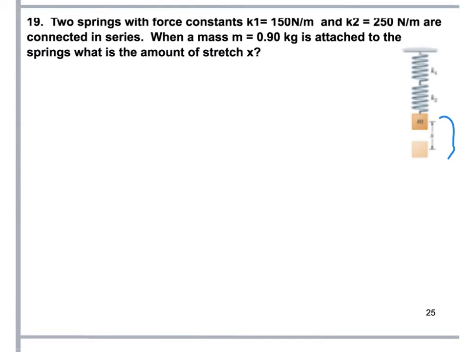We start out with our Hooke's law equation, negative kx. Since we clearly have one direction of motion, we're going to define down as positive.